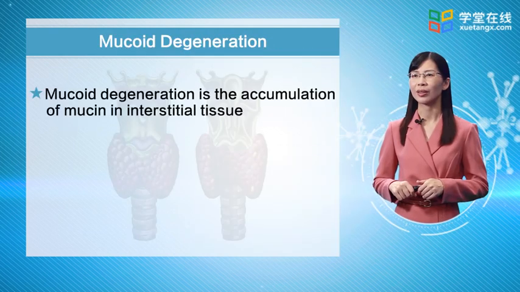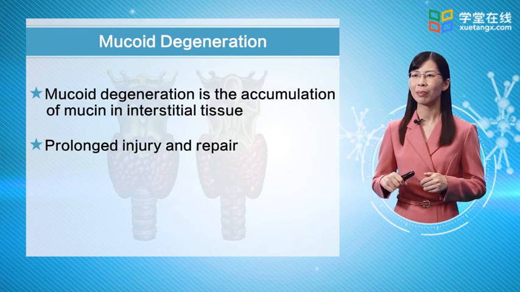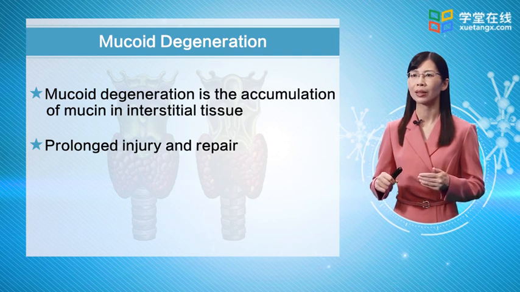Mucoid degeneration is the accumulation of mucin in interstitial tissue. Most commonly, this mucin is produced by connective tissue cells. Excessive production of connective tissue mucin is usually found after prolonged injury and repair, such as mucin overproduction by fibroblasts seen in lesions of atherosclerosis.